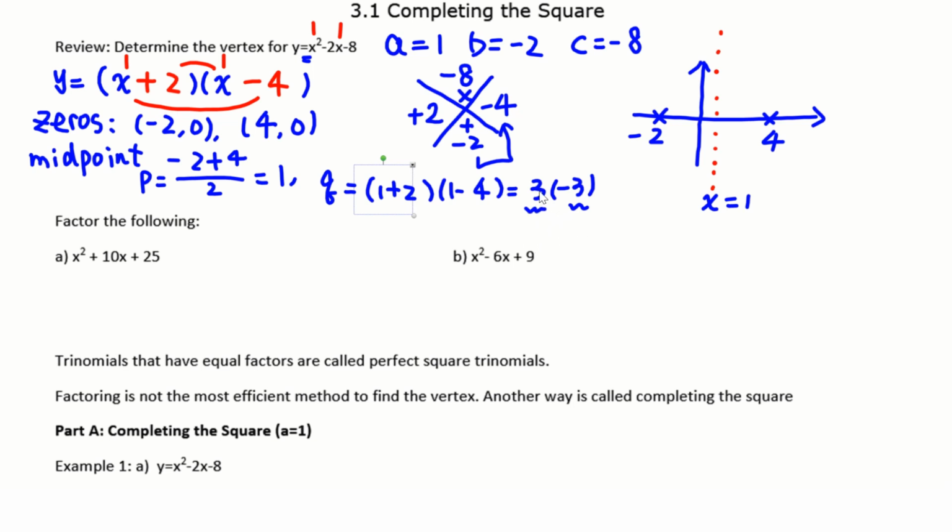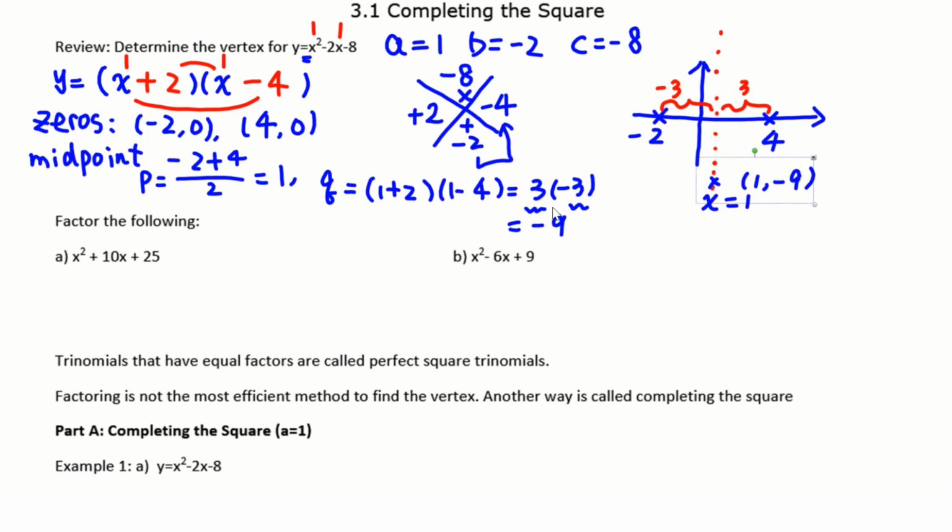If it's correct, in the factored form, these two numbers should be the same but opposite because they represent the distance from the x-intercept to the vertex. So one is negative 3, another one is positive 3. Then we are going to have negative 9. So it means the vertex is at 1, negative 9.